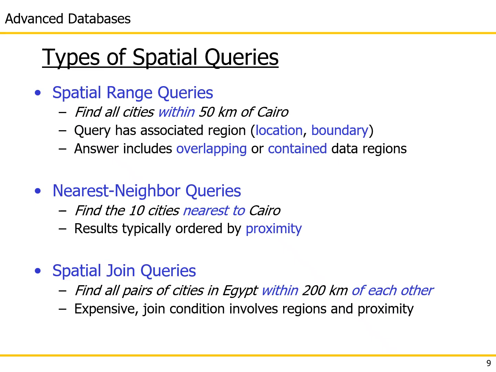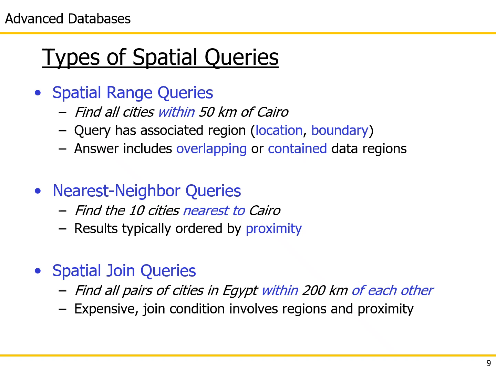Now, what kind of spatial queries? I can already give you an introduction to that. What kind of spatial queries would we be interested in executing against spatial data? We have generally a handful of query types. The first one is the range queries.